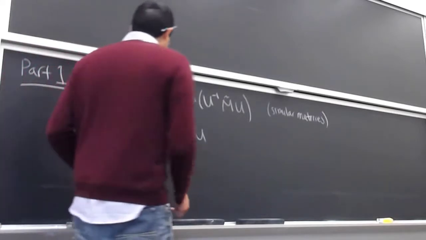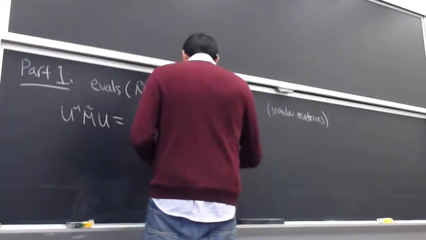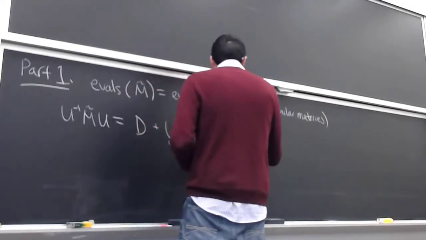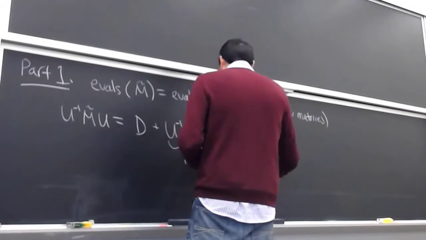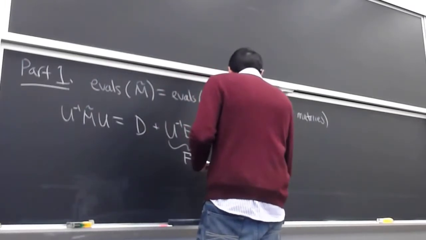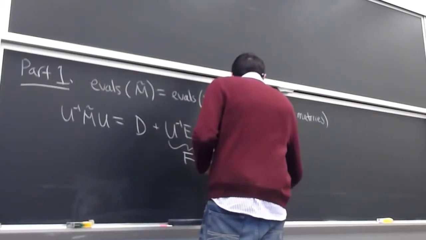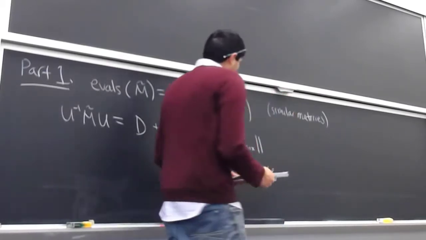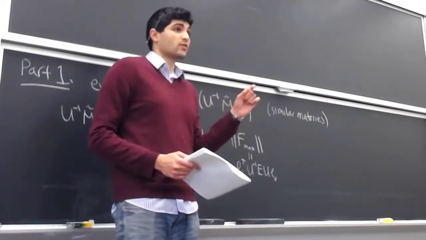Now, there's a key point here. So let me call this F, right? And what I'm really saying is that the max entry in F is achieved by some, you can think about it this way: as you take your matrix, and you take some quadratic form on it with basis vectors.